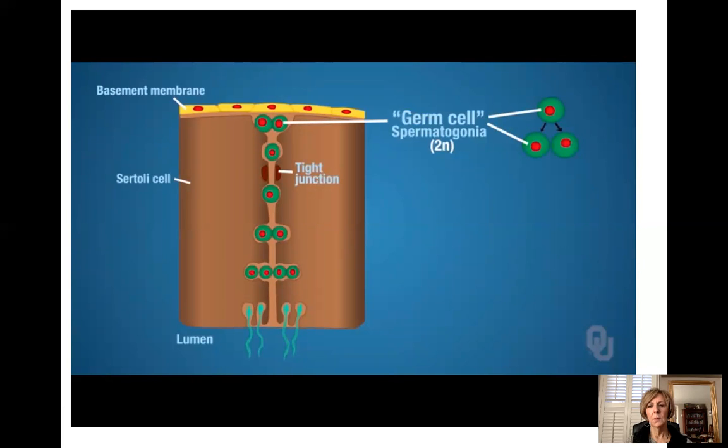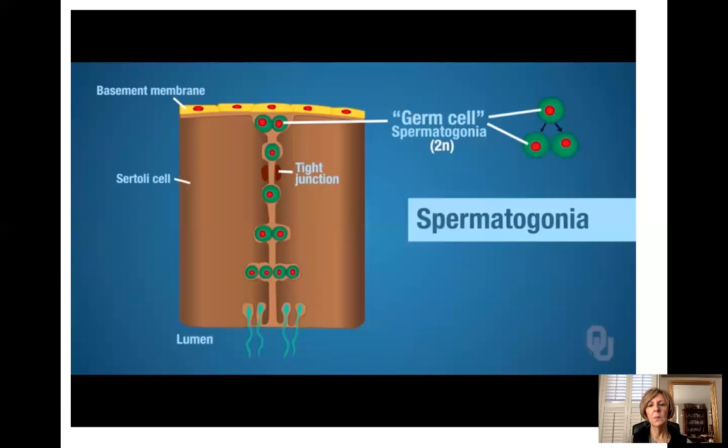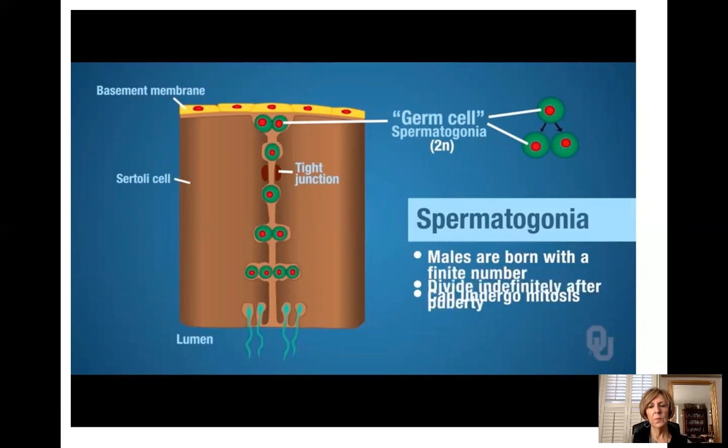undergoing development. So beginning with the spermatogonia, males are born with a finite number of spermatogonia. These spermatogonia can undergo mitosis, and so they continually, repeatedly divide. They are dividing indefinitely after puberty. In males, they keep producing spermatogonia throughout their life.